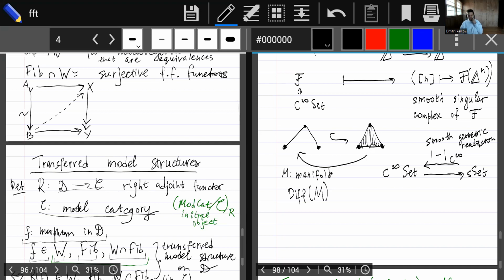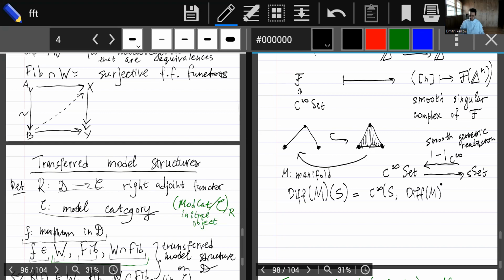And it's quite easy to turn such a group into a smooth set by declaring that S-points, which you should think of as smooth maps from S to diffeomorphisms.